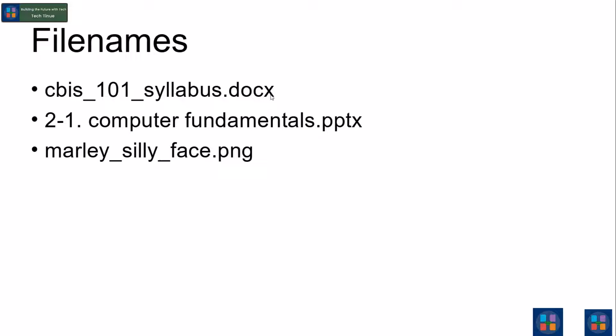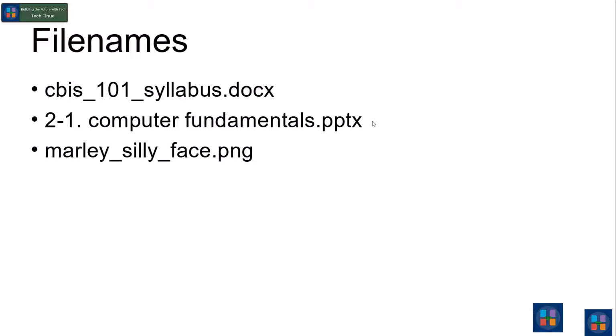So it has some amount of formatting data. It has a bunch of text in here. In this case, the text that actually goes into my CBiz 101 syllabus, but it also has formatting. So I can put in data about headers, text size, positioning of that text within the document, images, and so on and so forth.